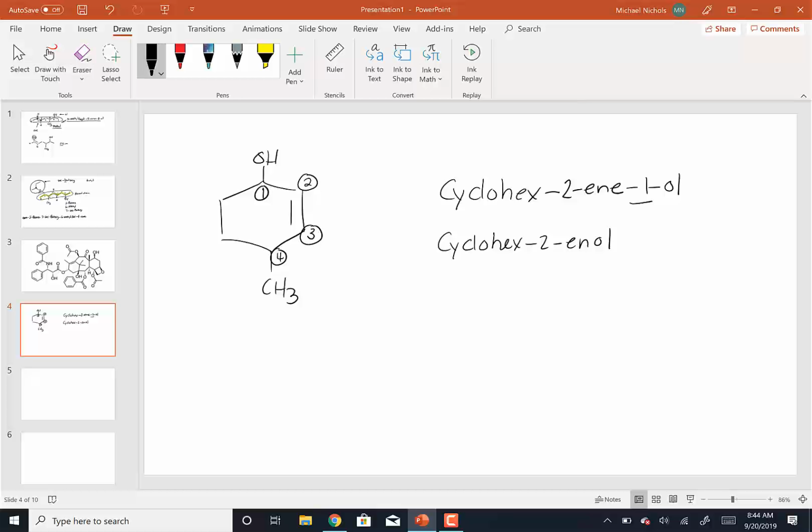That's what it means. Okay. Either way, 4-methyl cyclohex-2-ene-1-ol. So I just put the substituents in.